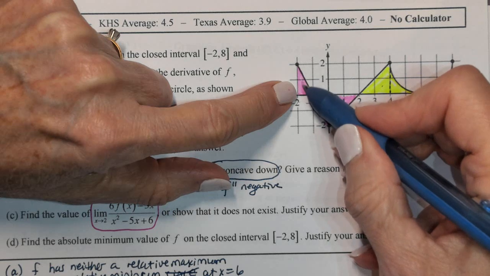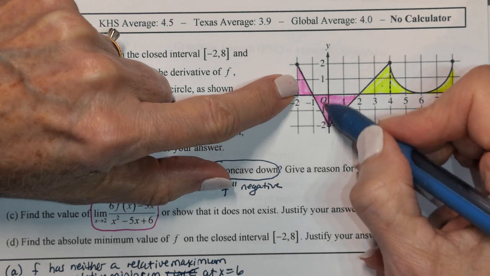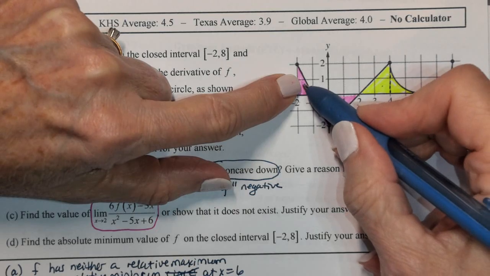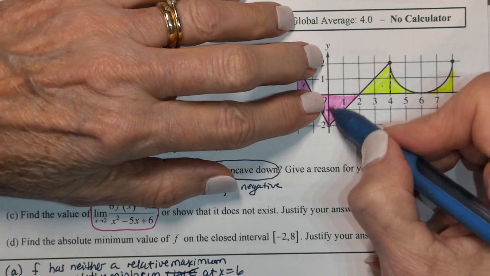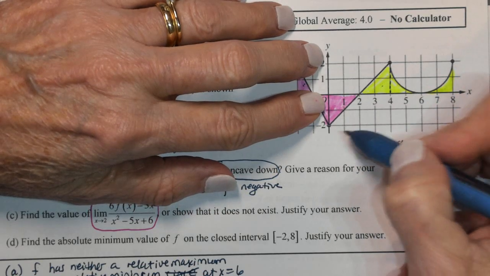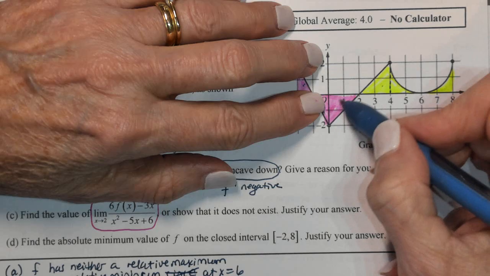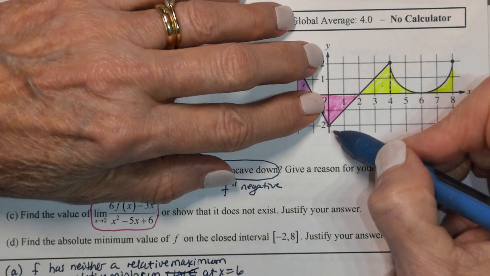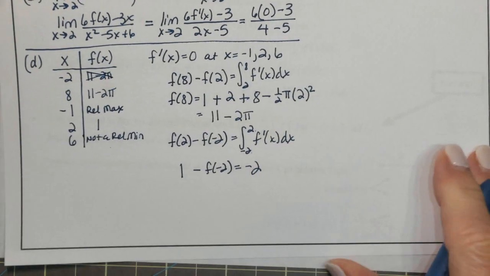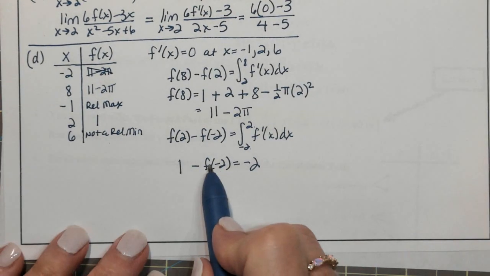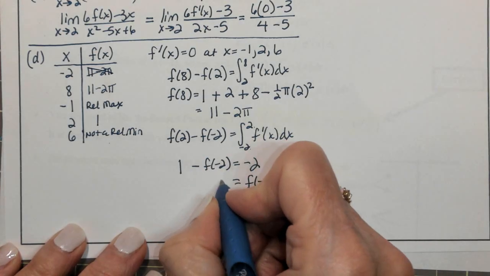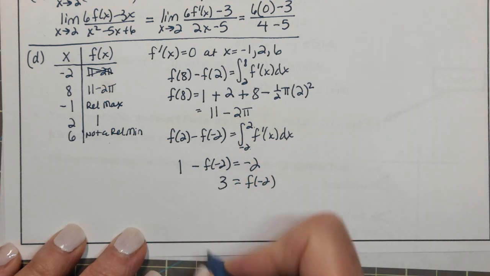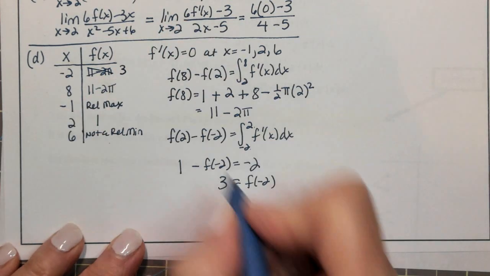It has area 1, but it is the same as this region, but one is above the x-axis, one's below the x-axis, so those two cancel each other out, and I'm left with this region below the x-axis of area 2, 1 plus 2 halves. So negative 2. Okay? I'm going to add f of negative 2 to make it positive. I add this 2 to make it a 3 over there. So f of negative 2 is 3.